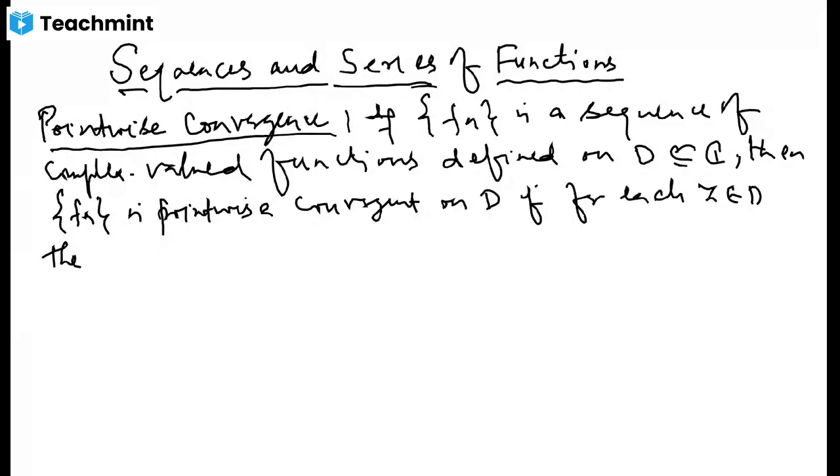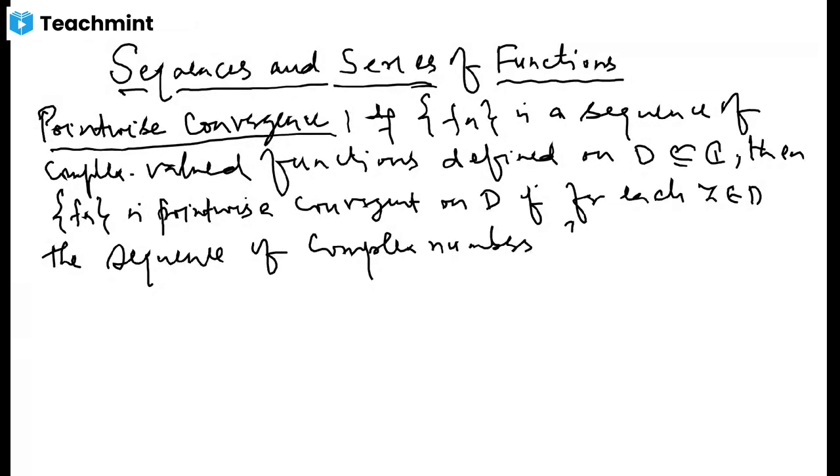the sequence of complex numbers, this one is the sequence of complex numbers, because if you are computing this for each function at z, then you are getting a complex number and then you make up the sequence of those complex numbers, and this sequence of complex numbers is convergent.